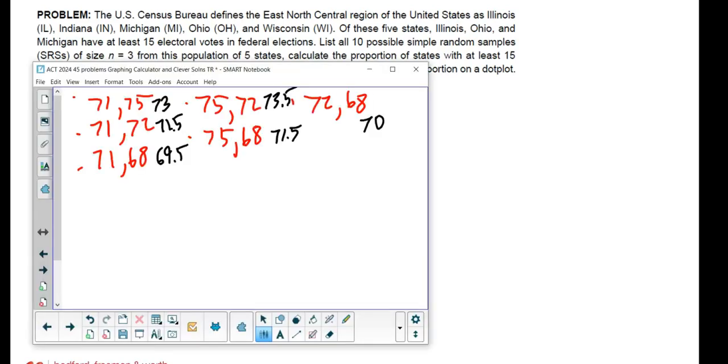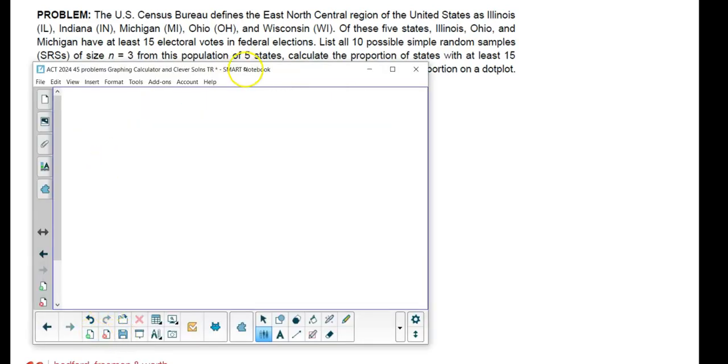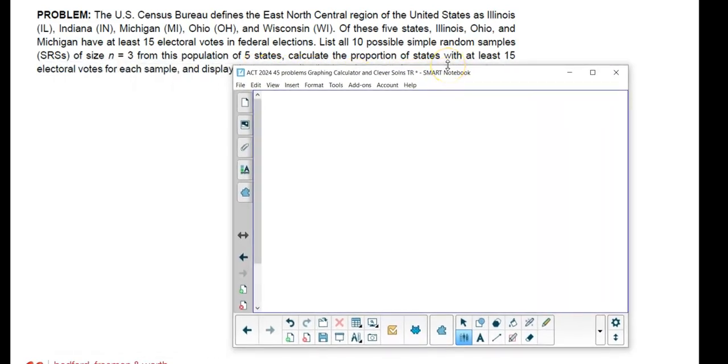So I'm not going to do all of them, but I'm going to start just to make sure what we're saying. Let's just say I chose the first 3 listed. I'm guessing they're in alphabetical order. So I chose Illinois, Indiana, and Michigan. If I chose those 3 states, how many of those have at least 15 electoral votes?